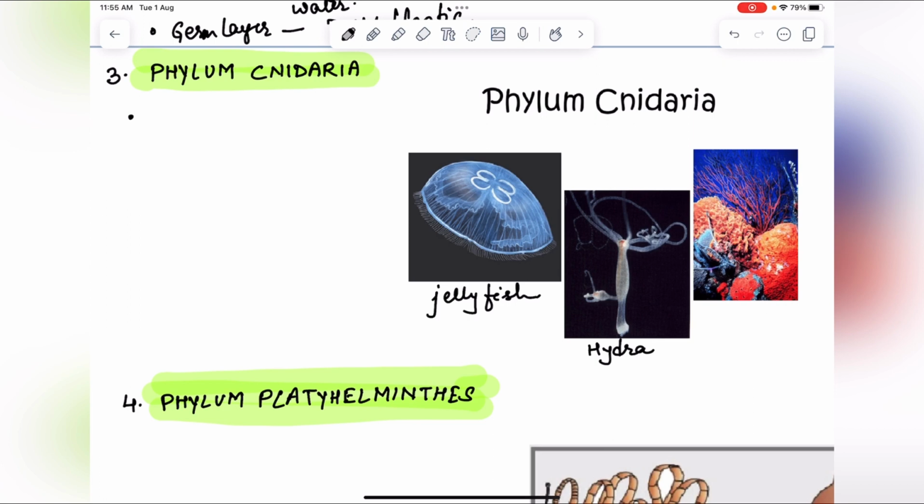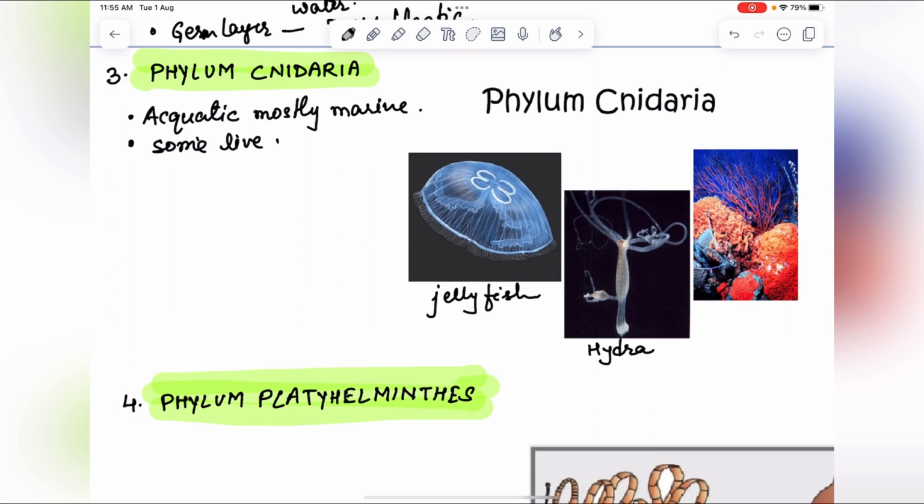The first point I'll write is that they are aquatic, mostly marine. Next point, some live in colonies. Example is coral.